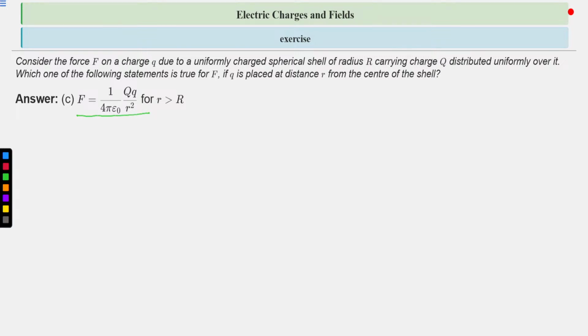Now we know that inside the spherical shell, the electric field is 0. So if the electric field inside a spherical shell is 0, the force must also be 0. So for a point inside the spherical shell, the value of the force is 0.